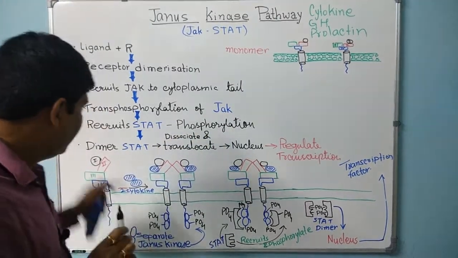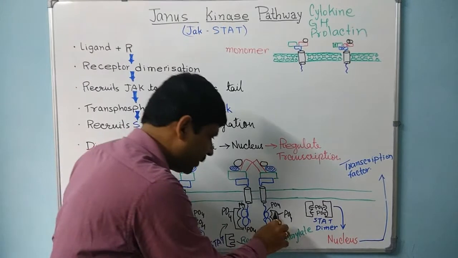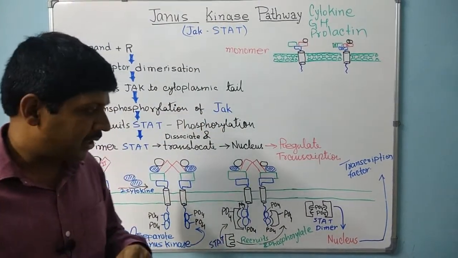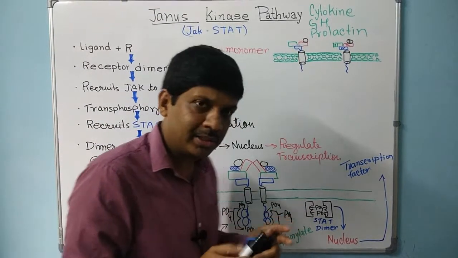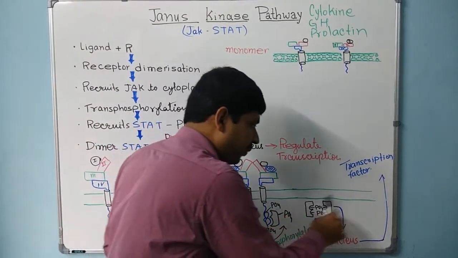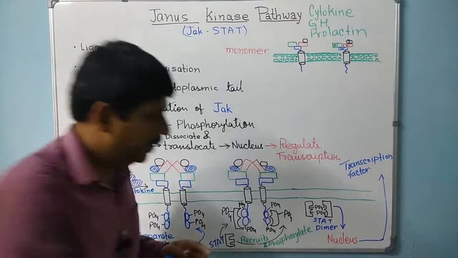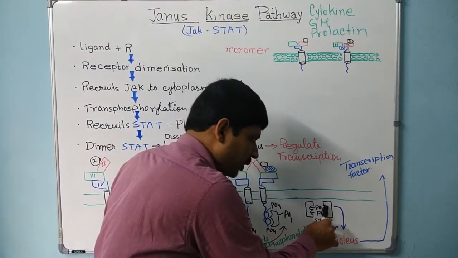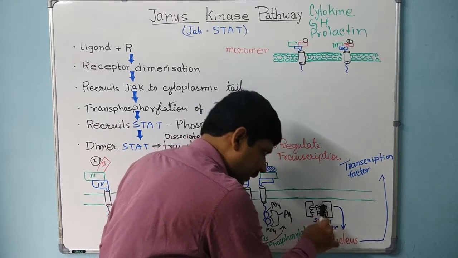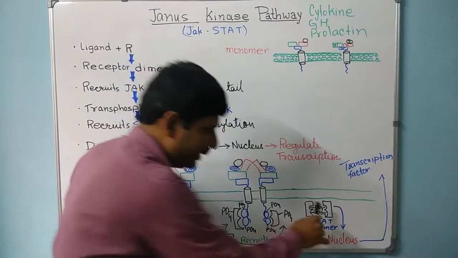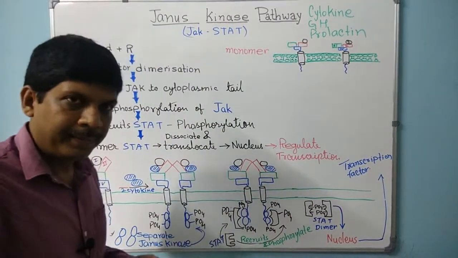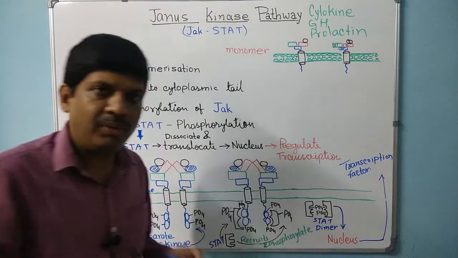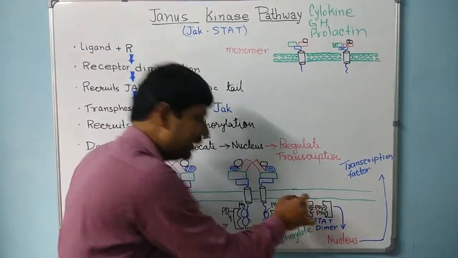After that, there will be dimerization of the STAT part. This STAT dimerization occurs through the phosphate of another STAT. There is one STAT, which will form a dimer with the help of the phosphate of tyrosine of this part, and the other will form a dimer with this part by the help of the phosphate of tyrosine of this STAT.